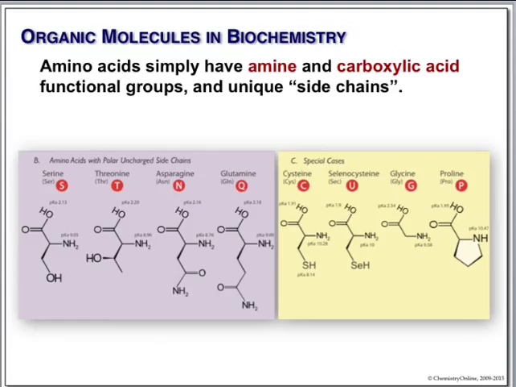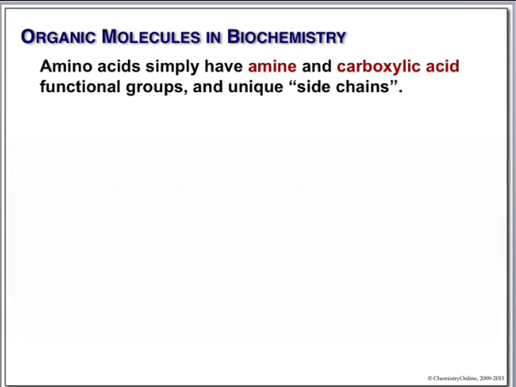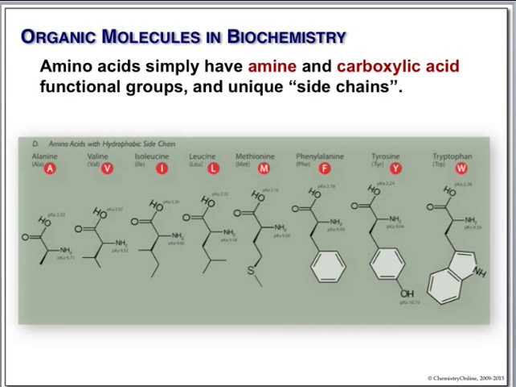Here are uncharged side chains. This is a thiol down here. This is glycine, that's the simplest. Proline, that occurs in hair, stuff like that. And the final set, these are hydrophobics.